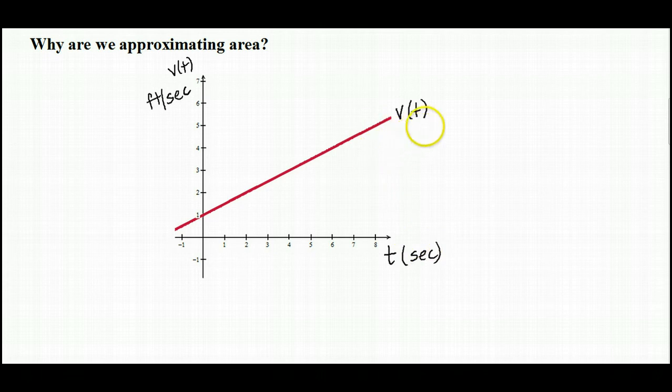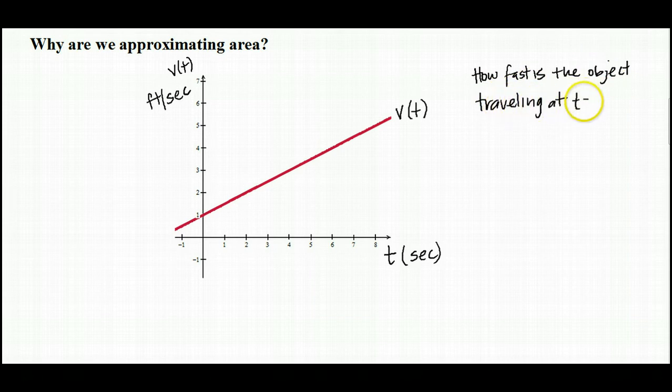Now, having the graph of the velocity function has its benefits. If I were to ask the question, how fast is the object traveling at time t equals 4 seconds?